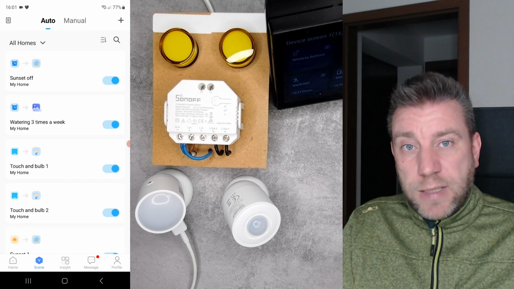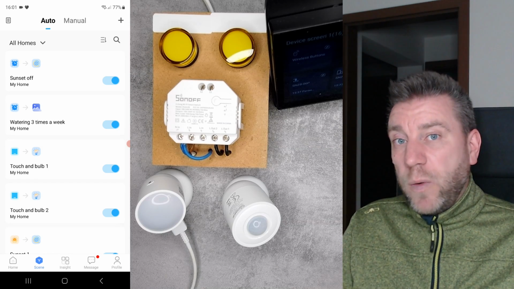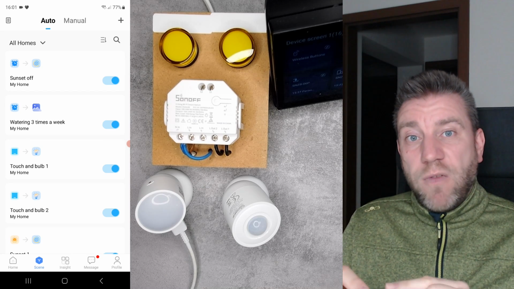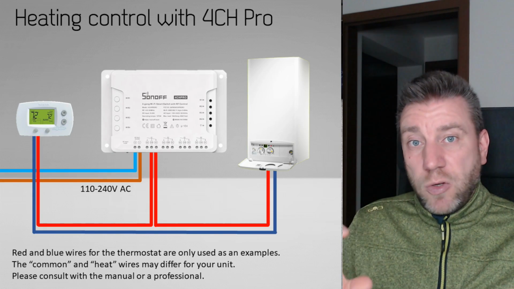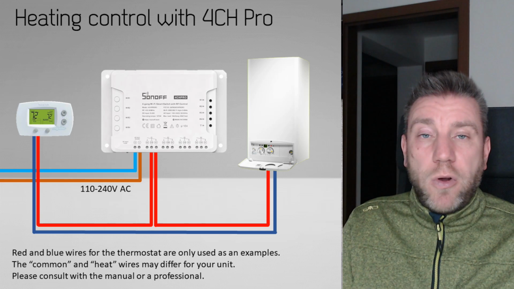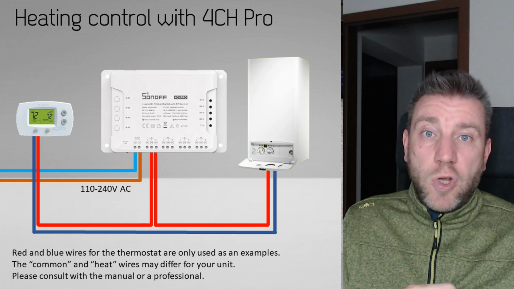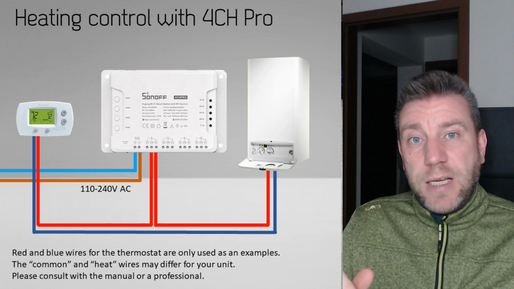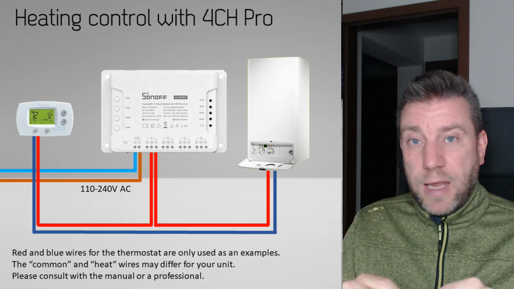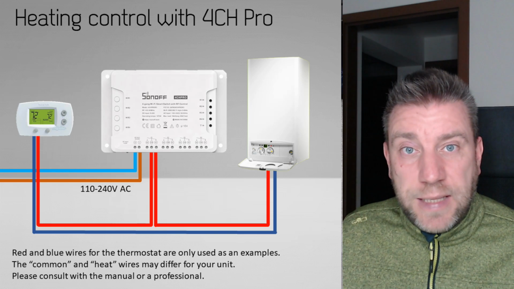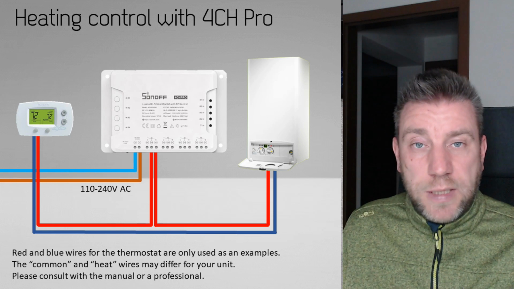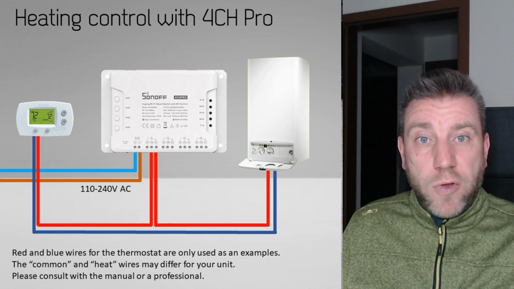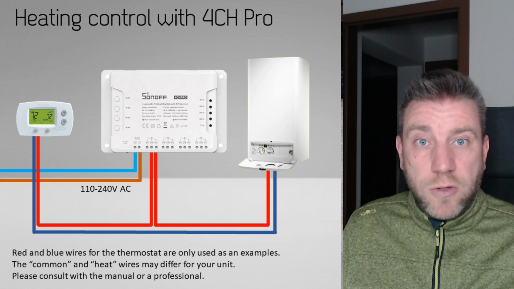Or if you have an HVAC system with a thermostat, what we can use is a 4CH Pro that we wire in series with a thermostat. So the thermostat is sending the signal to your HVAC system to turn the heating on and off, but we can interrupt that signal with the 4CH Pro. So again, if presence is detected, then the 4CH Pro is on, which says there is somebody in the room, and it allows the thermostat signal to reach the HVAC to turn it on.